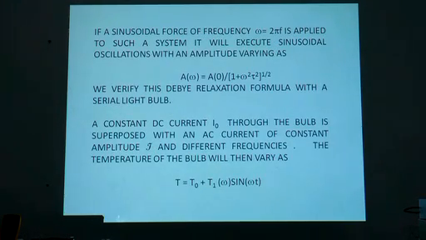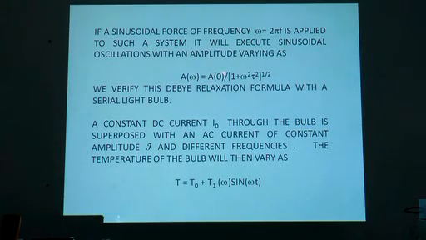You take such a system and apply a sinusoidal force of frequency omega = 2 pi f. Then the system will execute sinusoidal oscillations with an amplitude A, which will vary as a function of frequency omega.